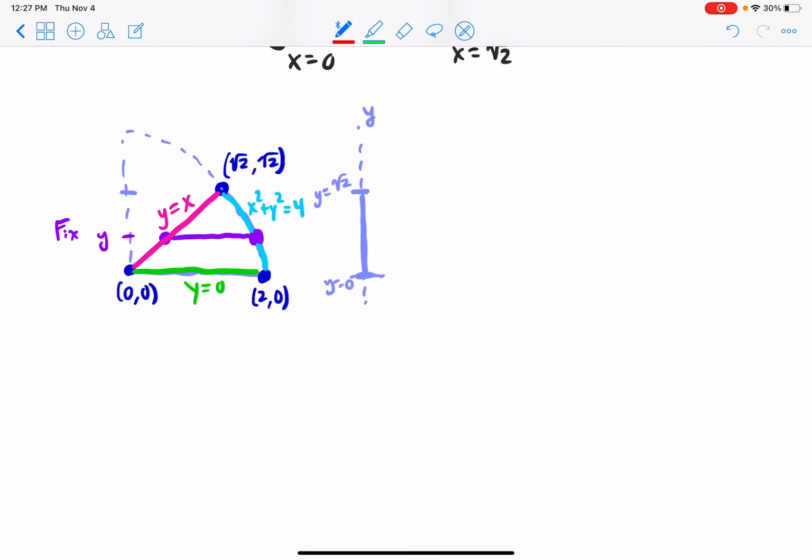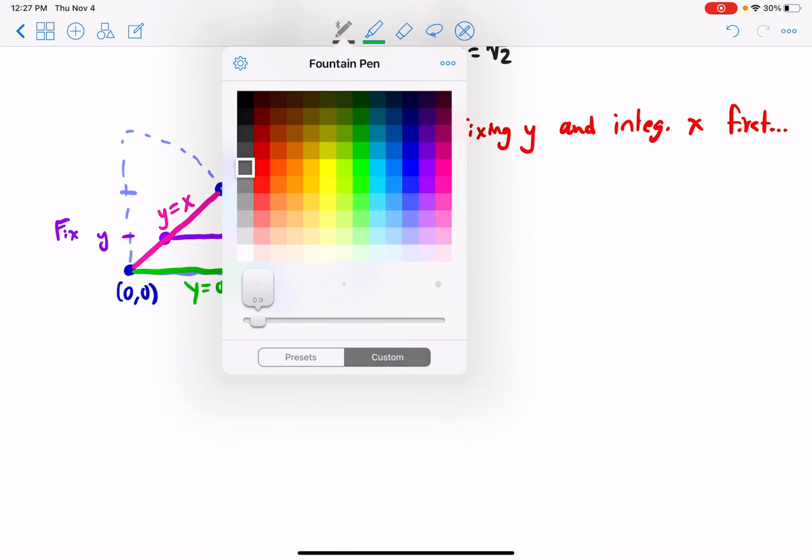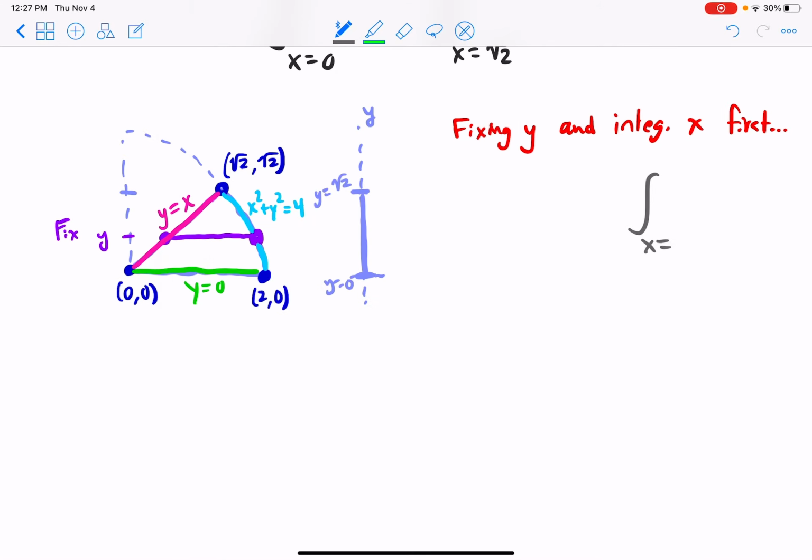So fixing y and integrating x first. Well, what does that give? I'll go to my formula. It goes first from x equals, well, my left endpoint, since x is going in the horizontal dimension, starts at x equals y.